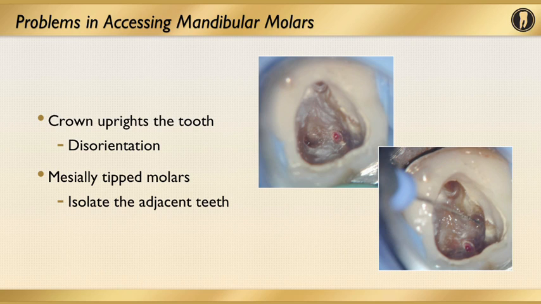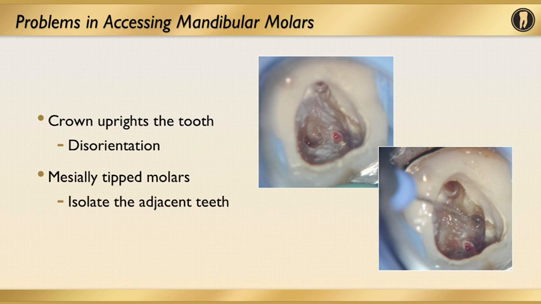So with mesially tipped molars, we have to locate the teeth and isolate the tooth adjacent and the teeth mesial and distal to that so that we can understand the natural inclination of the crowns of the teeth. This can also be accomplished through preoperative palpation and careful study of the preoperative radiographs to prevent such errors in canal access preparation.